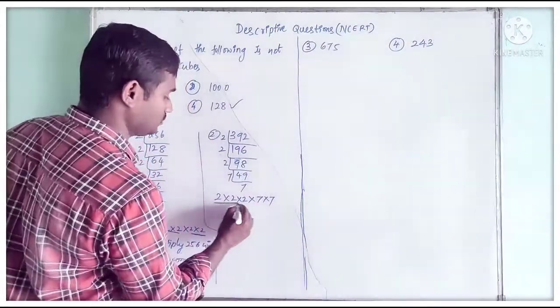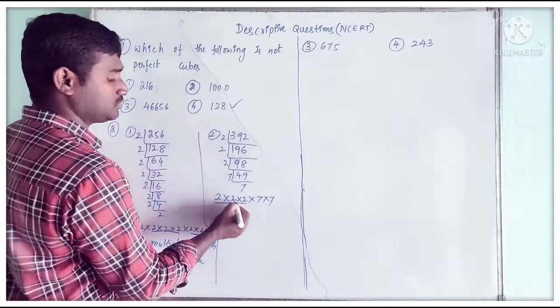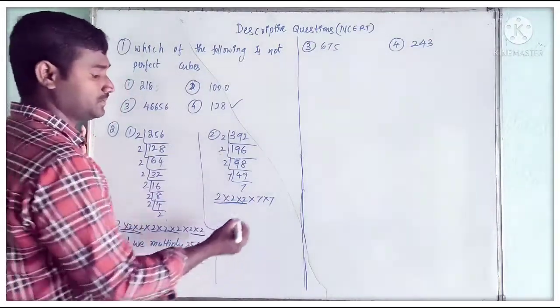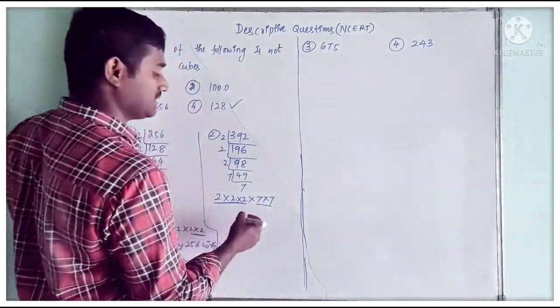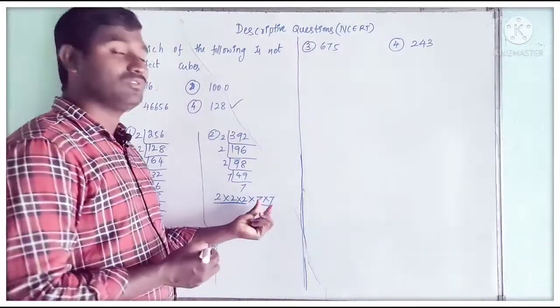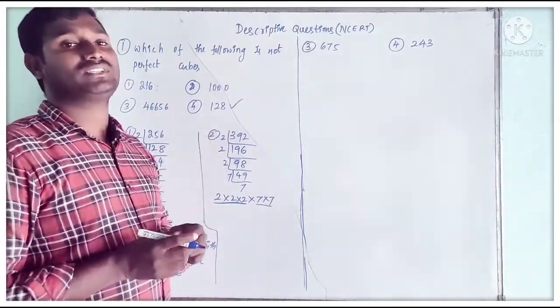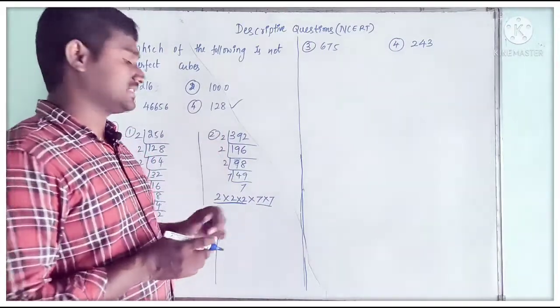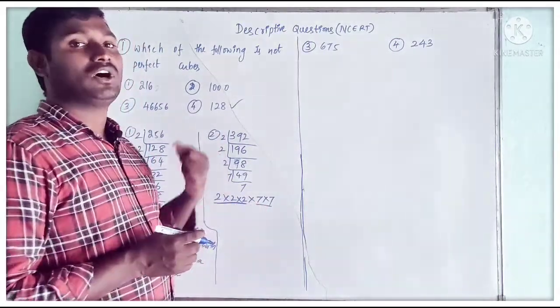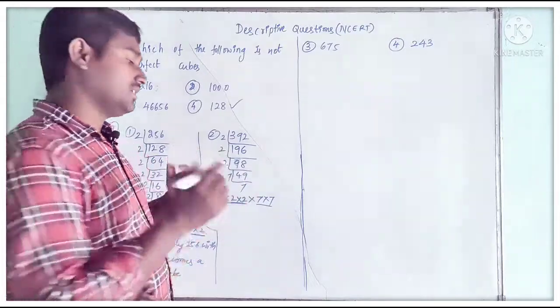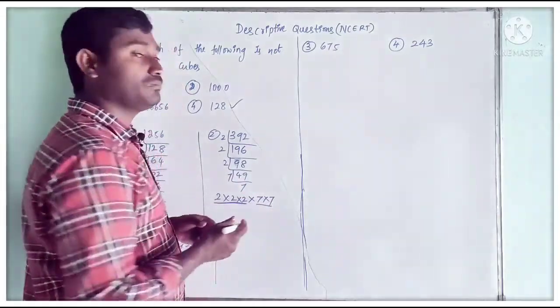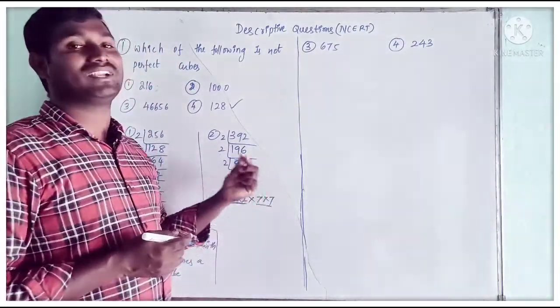These three 2s we can consider as one group. Here we have 7 and 7, so we have only two 7s. In each group we need three similar factors, but here we have only two 7s. How many 7s do we need extra? One 7. So to make a group we need one 7 extra.